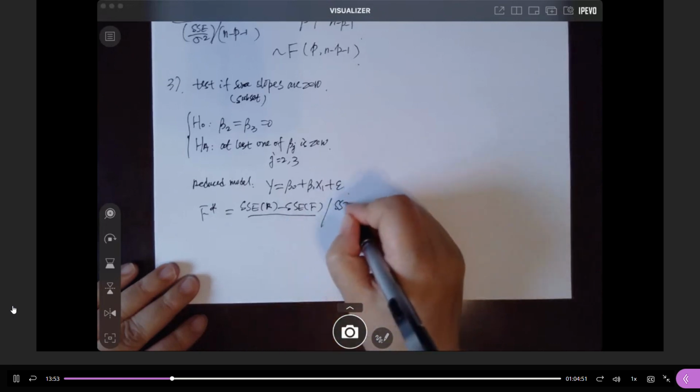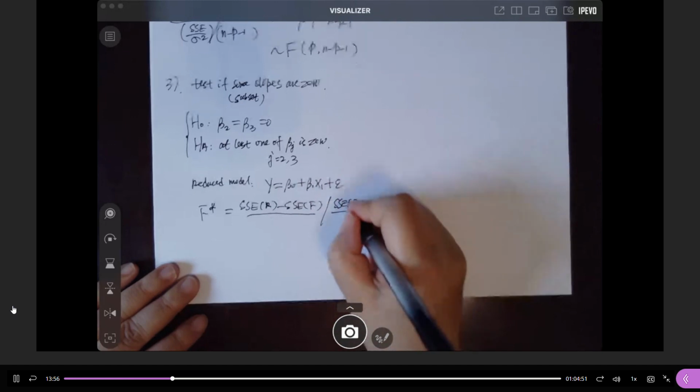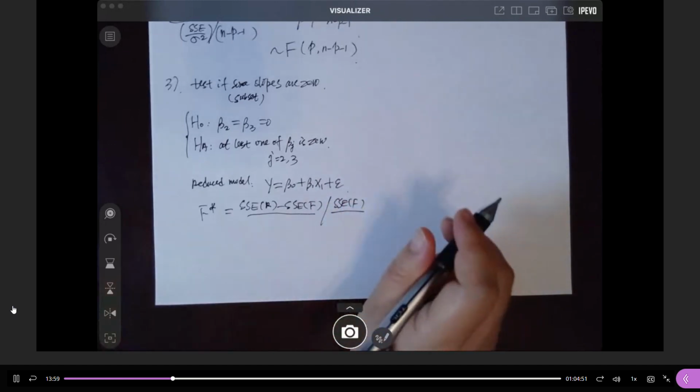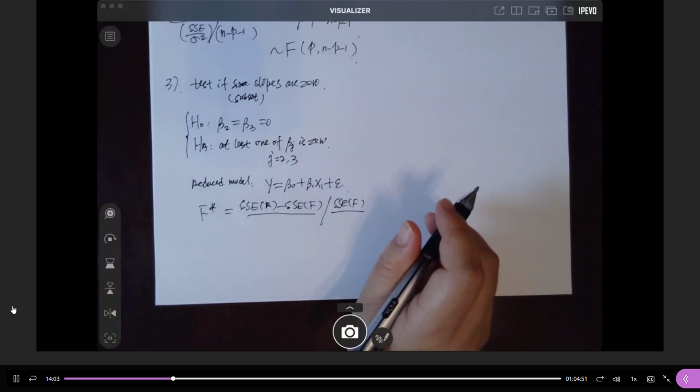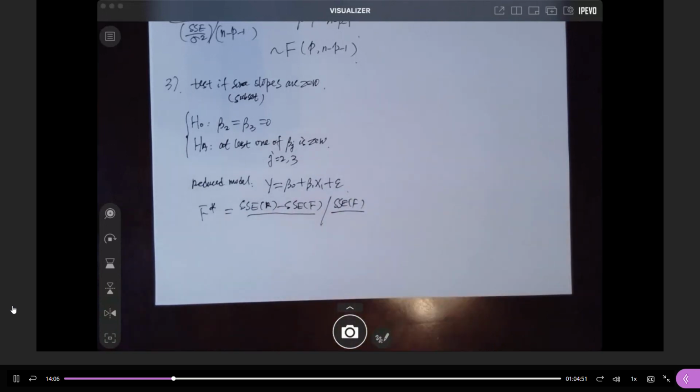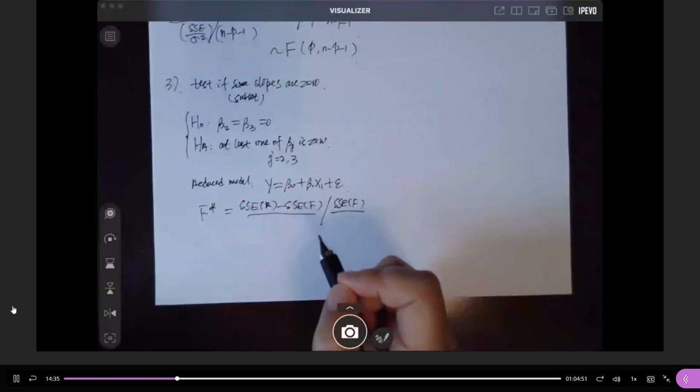What is the degree of freedom now at the bottom? It will be divided by the SSE of the full model over what's the degree of freedom for each? Can you come up with the degree of freedom?